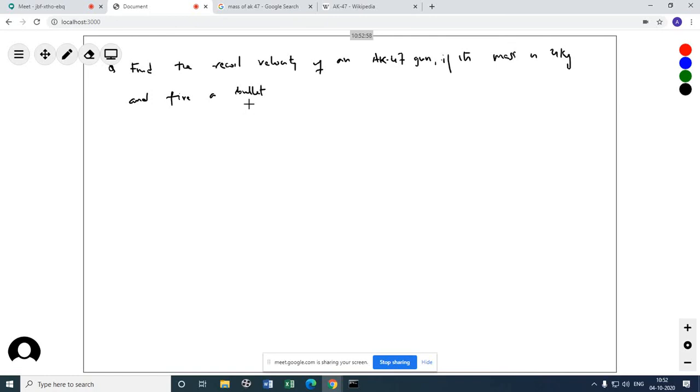That time we have done. Fires a bullet, let's say 500 meters per second. Fires a bullet of mass 50 gram at a speed of 500 meters per second. Very easy. How do you do it? So V would be equal to minus mv by M. Solve and tell me how much.